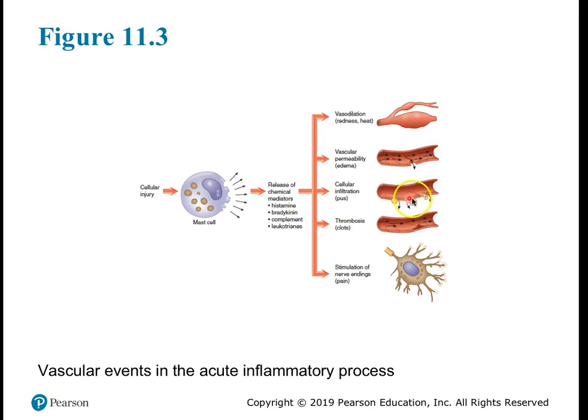The movement of the neutrophils from the blood into the tissue is going to be directed by histamine. And because the fluid is also going to move and that area swells, that's going to trigger pain cells, the stimulation of the nerve endings.